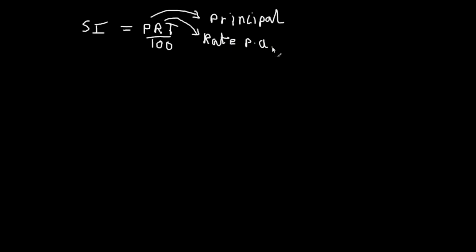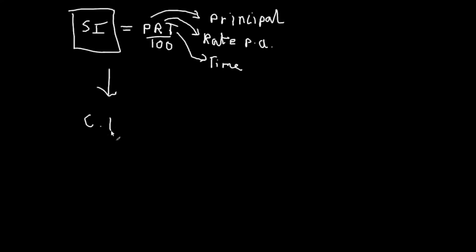And T is the time period. The difference between this and compound interest, which is CI, is basically that in compound interest, your P changes with every T.